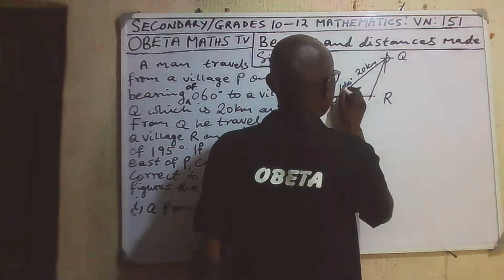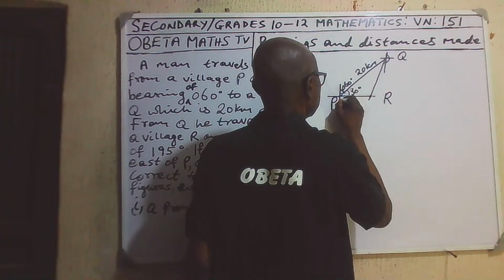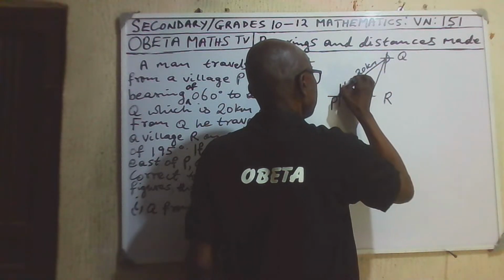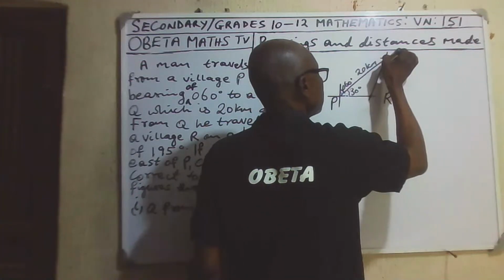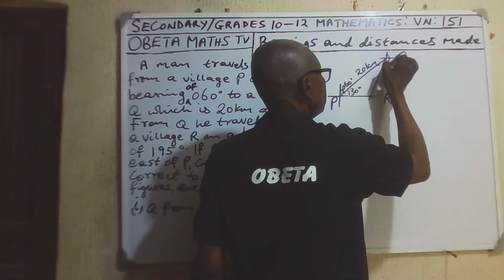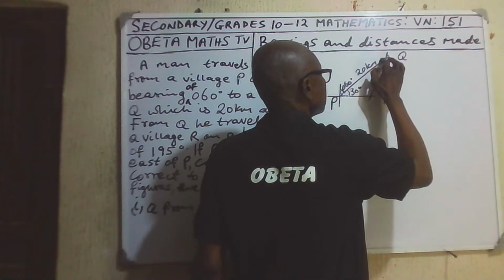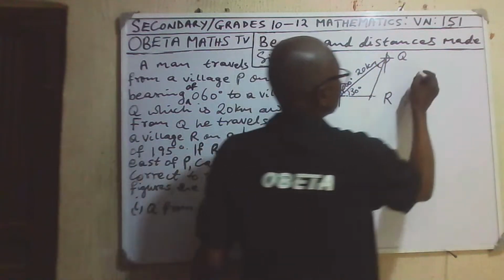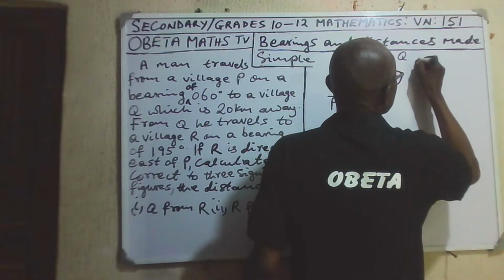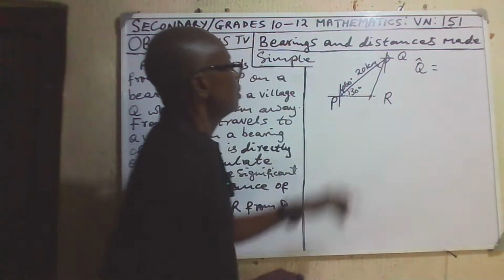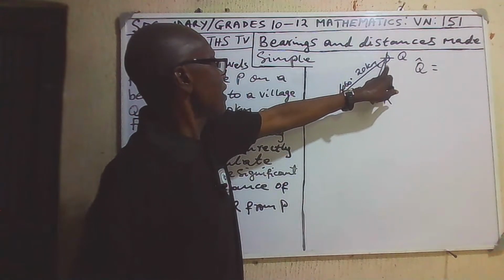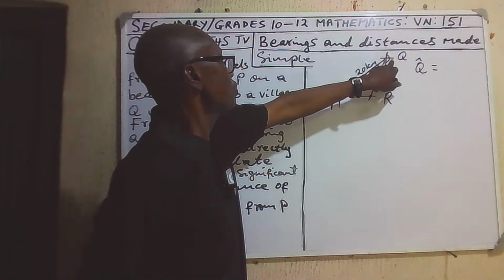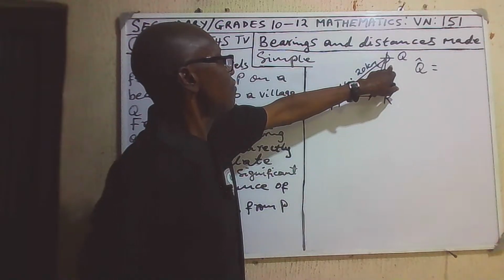Okay, we have succeeded in getting P. Then we know that this line is parallel to this, which means this angle 60 is supposed to be the whole of this angle from here to this line. So for us to find angle Q, when we have 195, the bearing of R from Q, if you remove 180, we have 15 degrees.